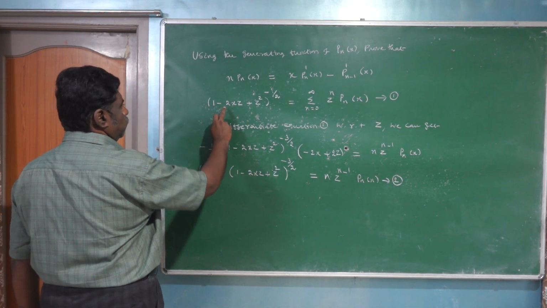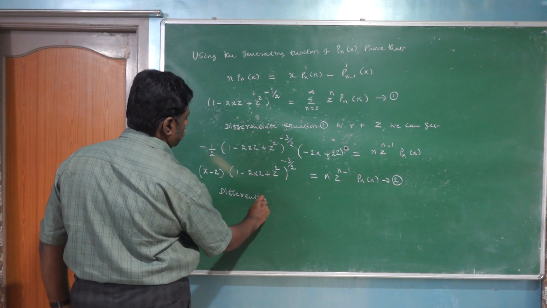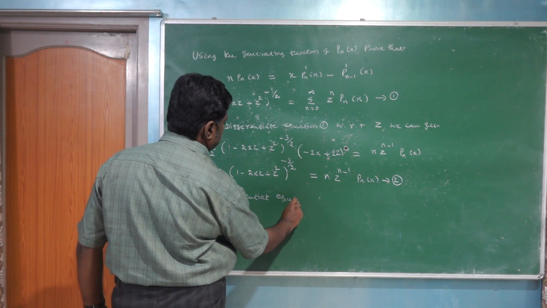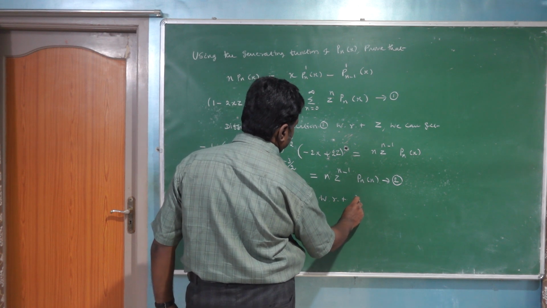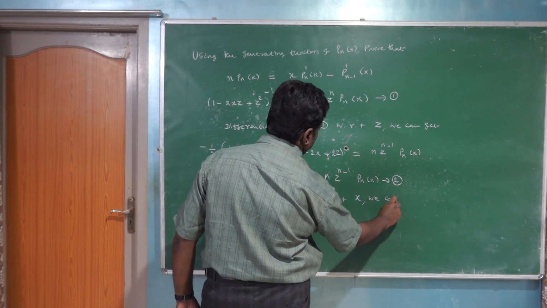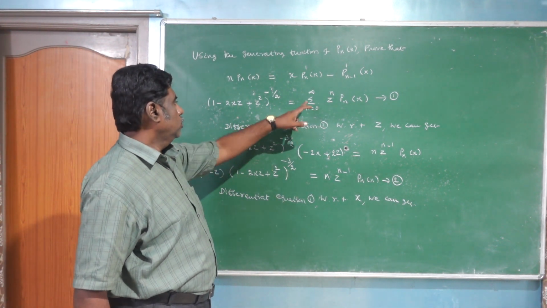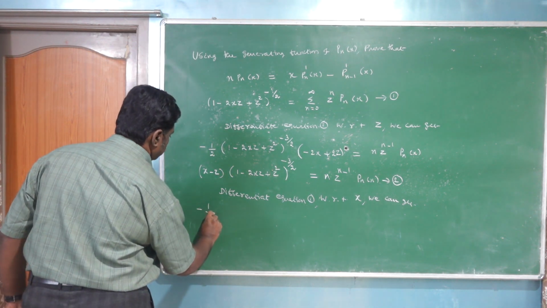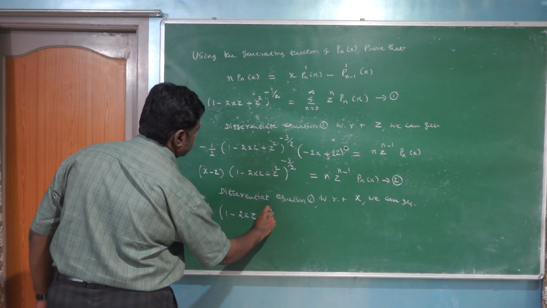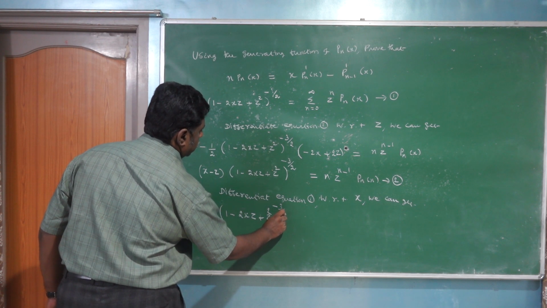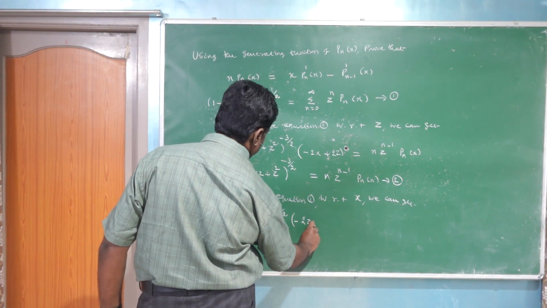Further, differentiate equation 1 with respect to x. It is minus 1 by 2 into (1 minus 2xz plus z square) power minus 3 by 2 into minus 2z.